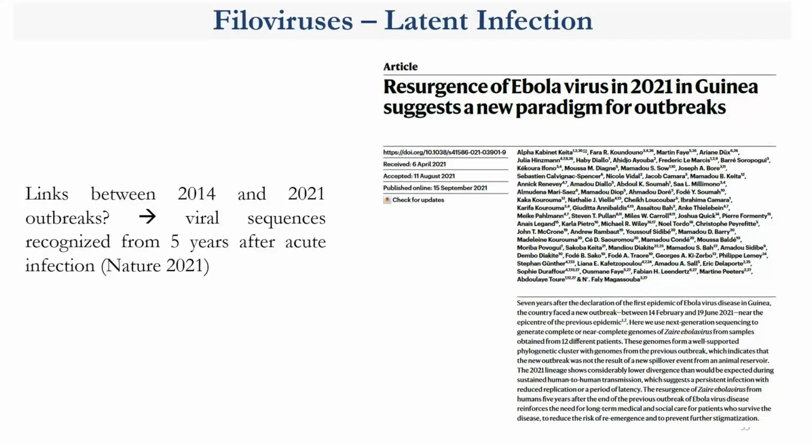And there's potentially a link between the 2014 and 2021 outbreaks, because viral sequences were recognized in a patient even 5 years after the infection. So that indicates that somehow these outbreaks are linked, and the Ebola virus genome itself may stay inside our cells. That's a big question that's still being answered.